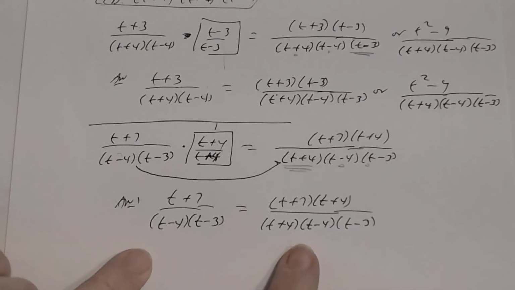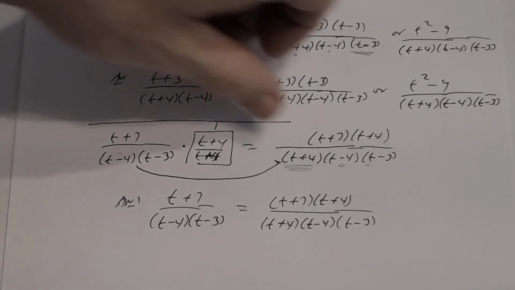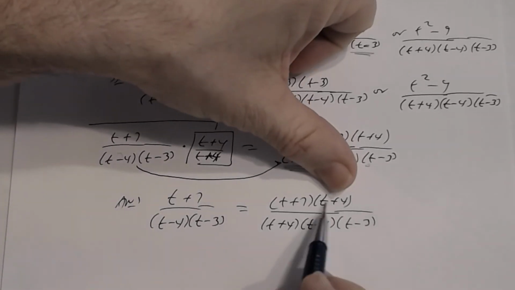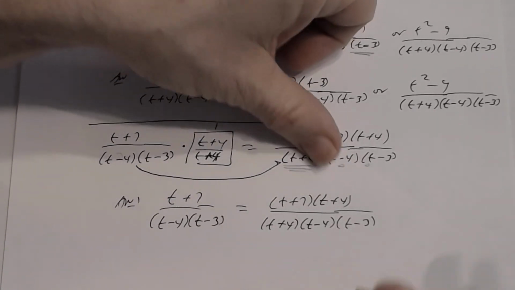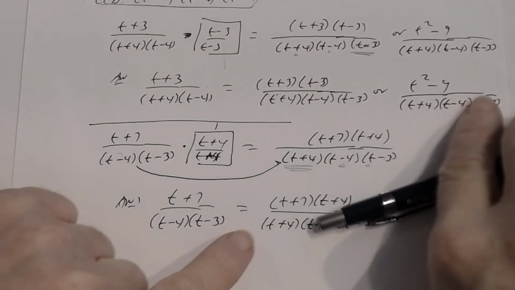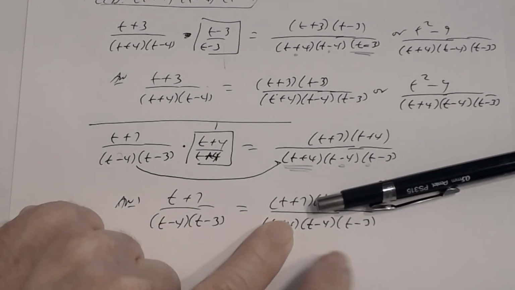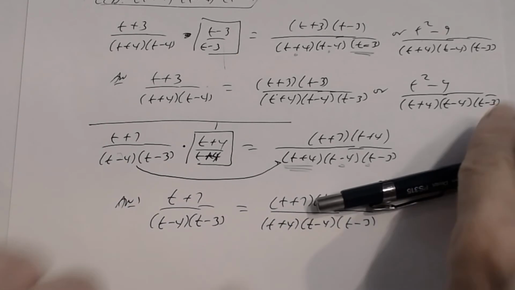Okay, those are equivalent. You can actually see that because if you simplify this rational expression, the t plus 4's divide out. If you cover it up like this, notice what you see: a t plus 7, and this product. All right, so that's the answer.